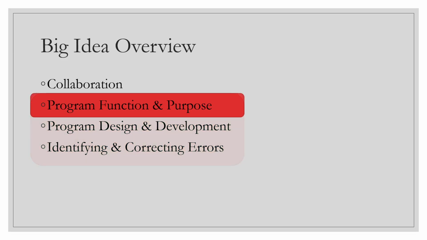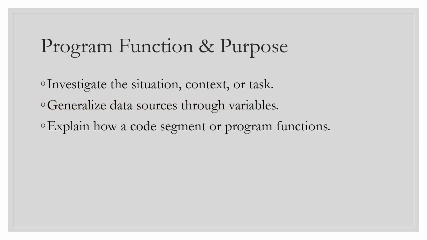So first, let's cover this first concept in regards to creative development: the function of the program and its overall purpose. What it encompasses is that it allows us to investigate the situation, context, or task.